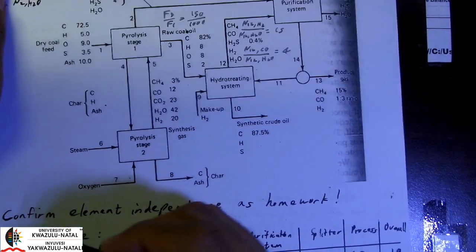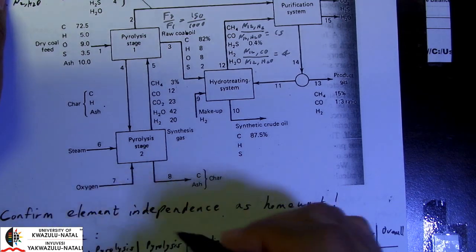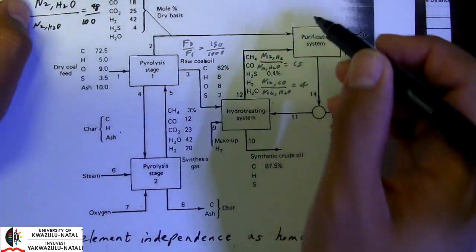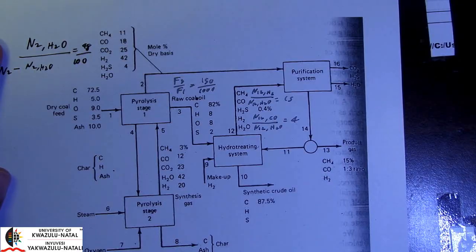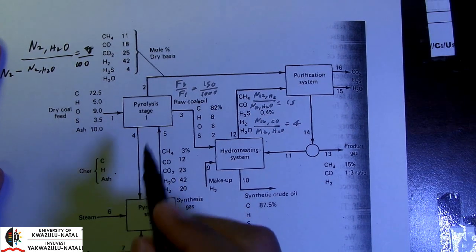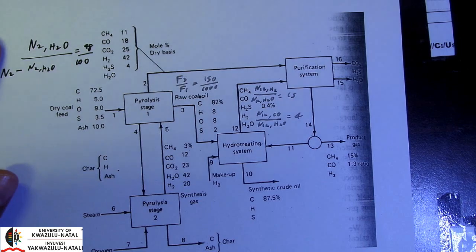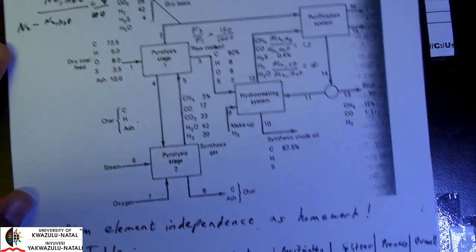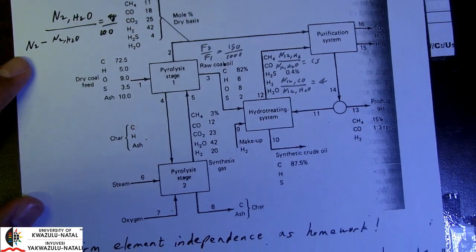This hasn't been done here, so I encourage you to confirm the element independence as homework for each of these systems. But for now, I can assure you that for each process, our element balances will be independent.